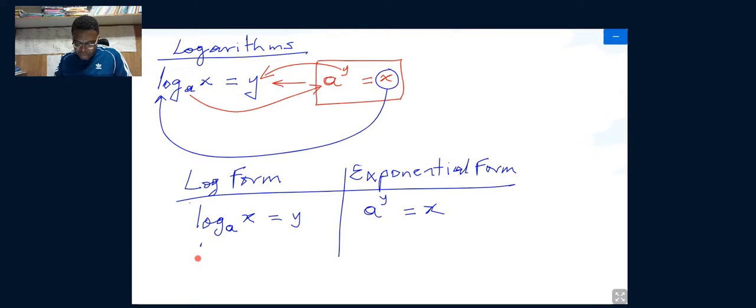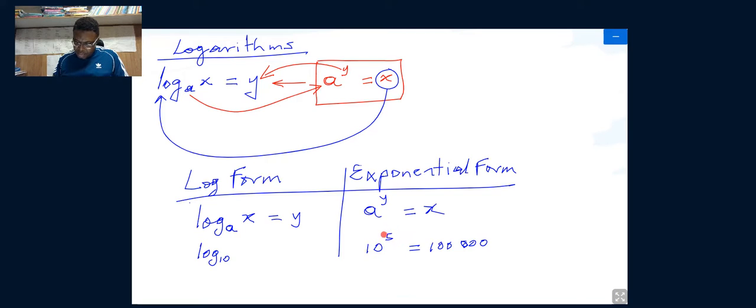If we have 10 to the power 5, this is 100,000. How do you express 100,000 in a log form? You have log of base 10, because the base here is 10. You see?